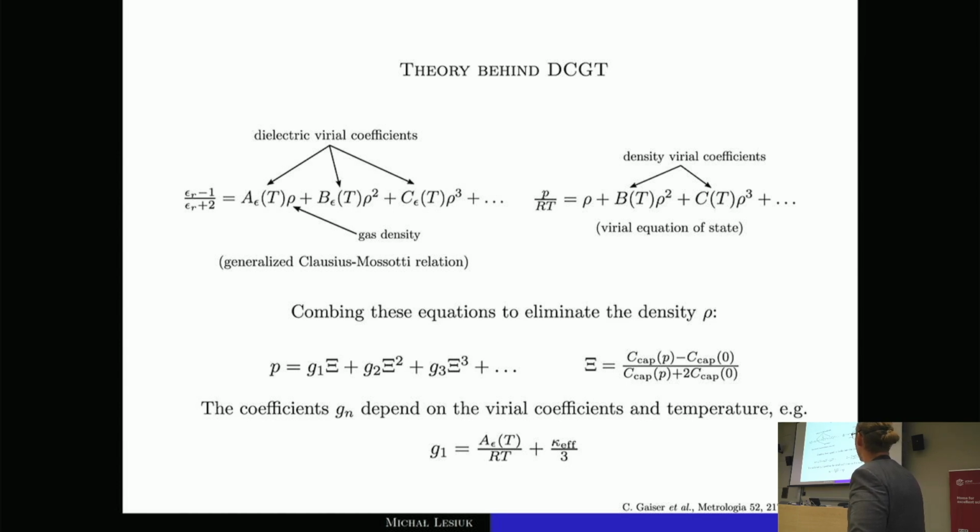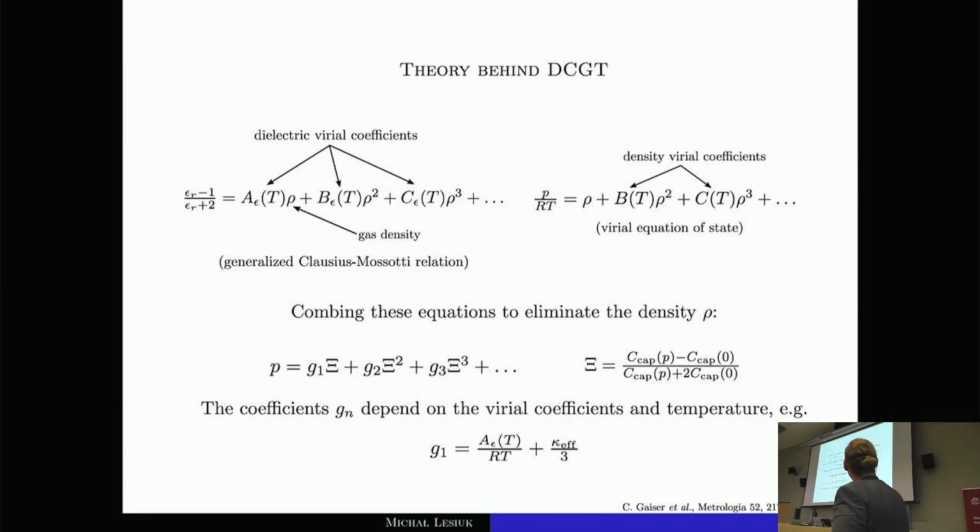On the left we have the electric constant in this weird combination, and on the right you have gas density, this rho, and then these coefficients which are called the electric virial coefficients. The second equation you need is just the equation of state, and it relates pressure to the density, and the virial coefficients there are called density virial coefficients.